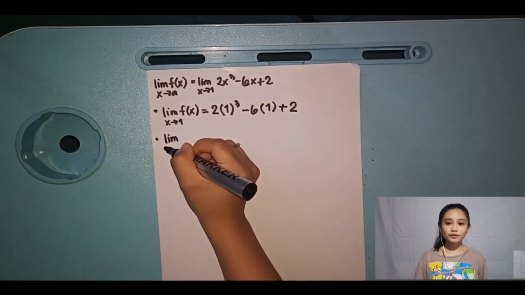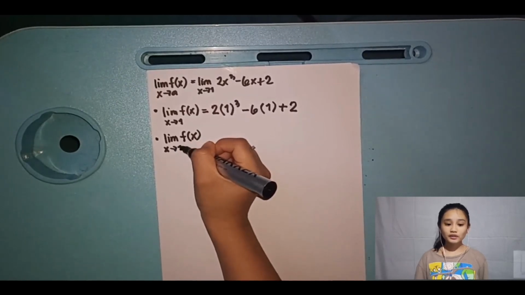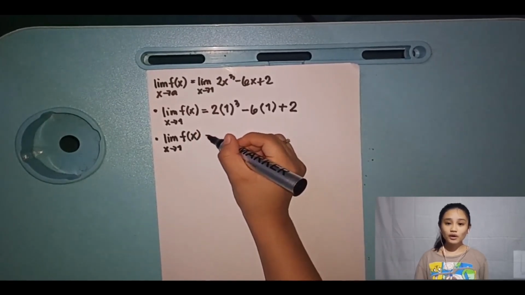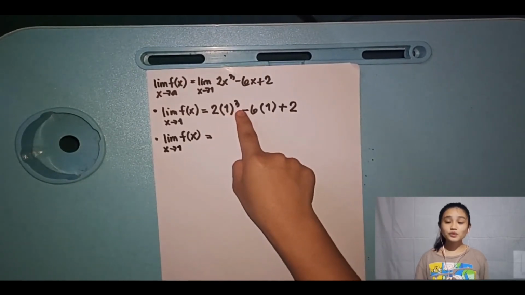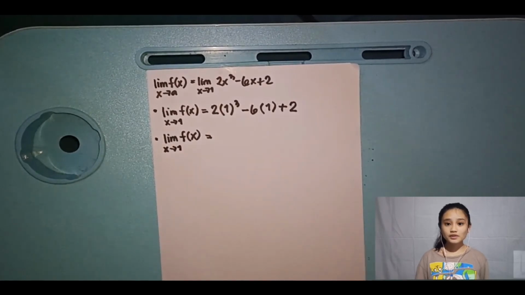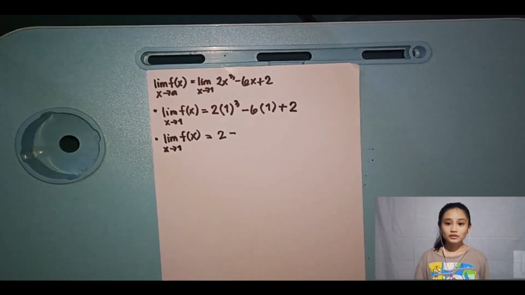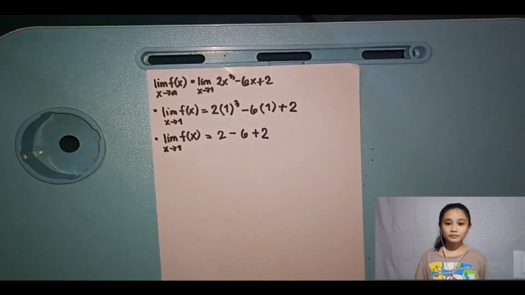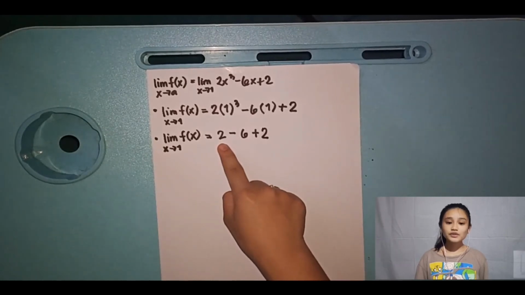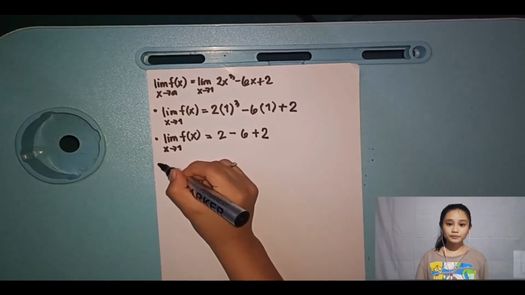The limit of f of x as x approaches 1 equals 1 cubed is equal to 1 times 2 equals 2, minus 6 times 1 is equal to 6, plus 2. 2 minus 6 plus 2 is equal to negative 2.